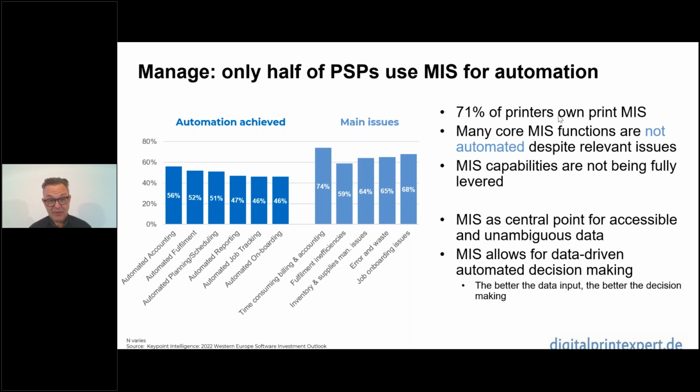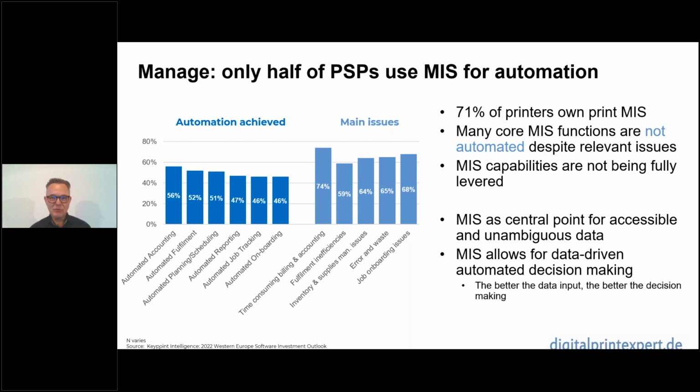But there are still a lot of issues there. So job onboarding is complicated, billing and accounting are time consuming, with a lot of error and waste. So it would make sense to automate more. But from my feeling and also the feedback I'm getting, it's also a lot down to not the right data getting connected to the job, which makes it more difficult to take into an MIS, and also affects further decision making.